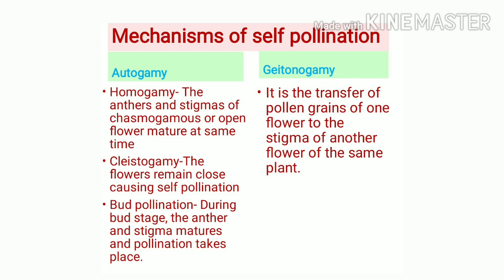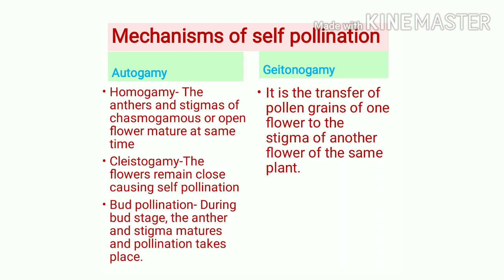Autogamy, here the self-pollination takes place within the same flower, and it is again divided into three types. One is homogamy, another is called cleistogamy, and the third type is called bud pollination. In case of homogamy, the pollination occurs in an open flower.